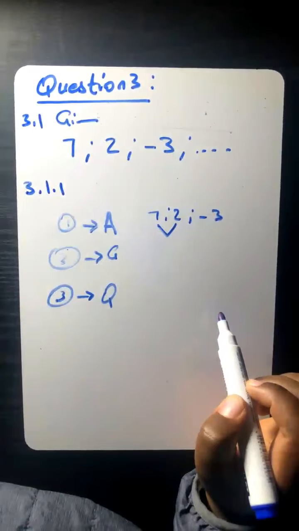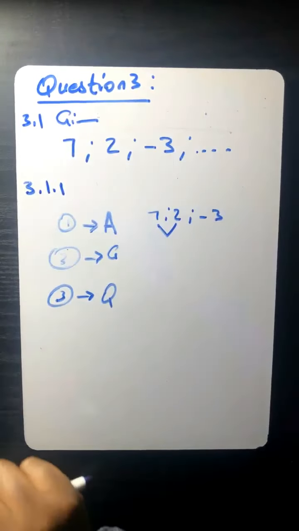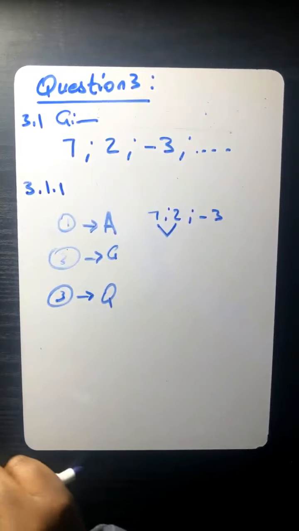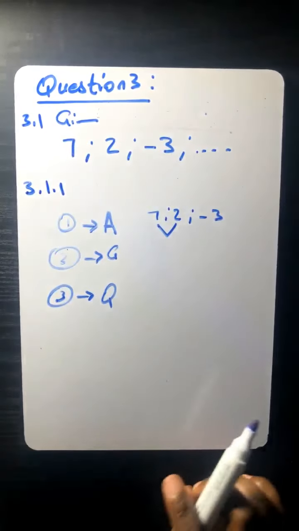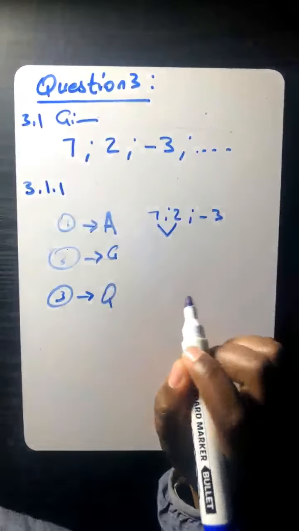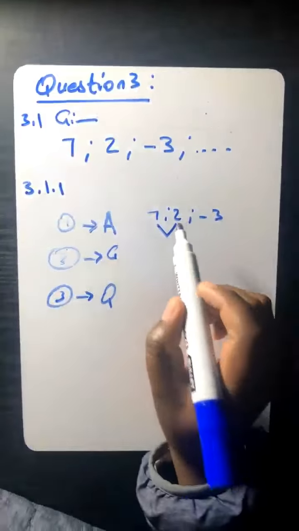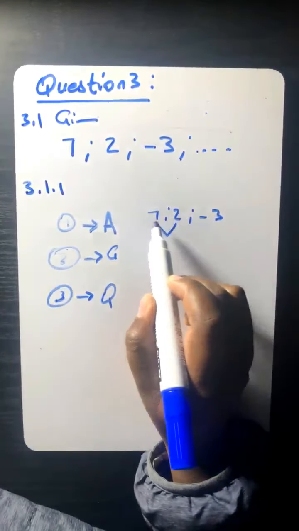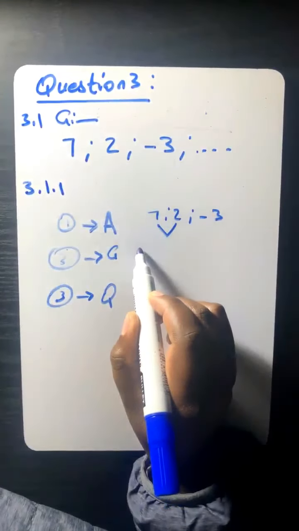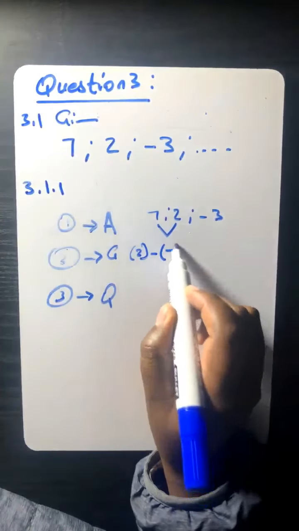Something that you guys are making is a common mistake. It's not like you guys are not understanding. Guys, where's my calculator now? Okay, I'll just use my head. Just make sure that whatever my head is telling me, it's correct. So 2 minus 7. It's better to have it in brackets and say (2) minus (7).